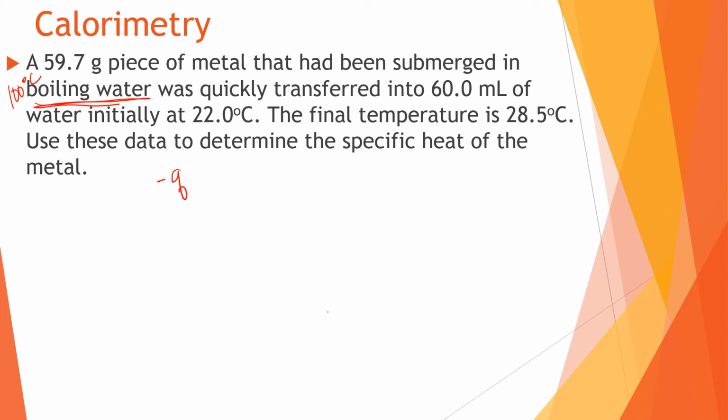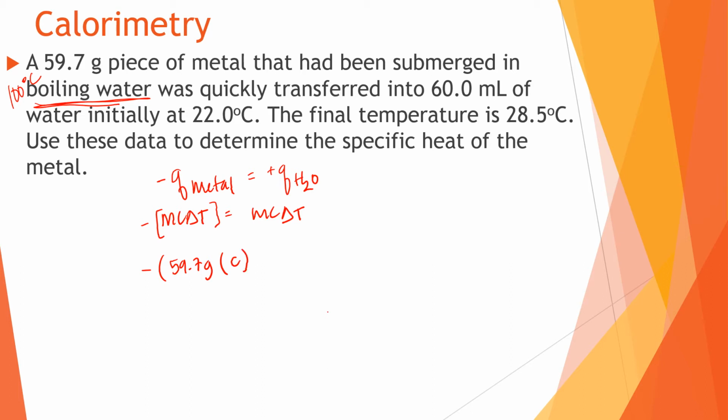So the heat lost by the metal has to equal heat gained by the water. So MC delta T of the metal equals MC delta T of the water. This one has the heat loss, so it has the negative out front. So 59.7 grams times the specific heat. We don't know. That's what we're solving for.